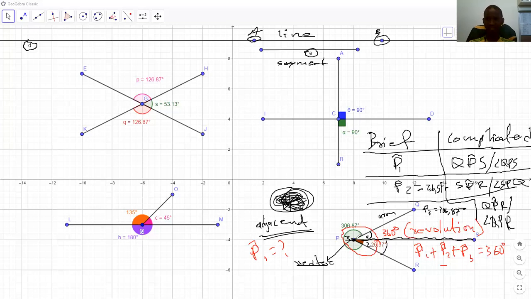If I want to be brief in this case, I will just say, well, angle P1 plus angle P2 and angle P3 form a revolution. If I want to be complicated, I will say these are angles around a point. So you will see in geometry, there are a number of ways to say the same thing. You just choose which way you want to go. Do you want to go the brief way or the complicated way?